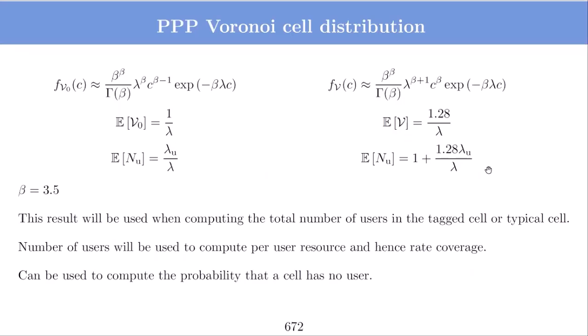Suppose you want to switch off a base station which has no user. If there is no user in a cell, you can just switch off the base station. That will help us reduce power and interference problems. So if you want to compute the probability of inactivity, you can compute from this distribution the probability that the number of users is 0, and this will give you the inactivity probability.